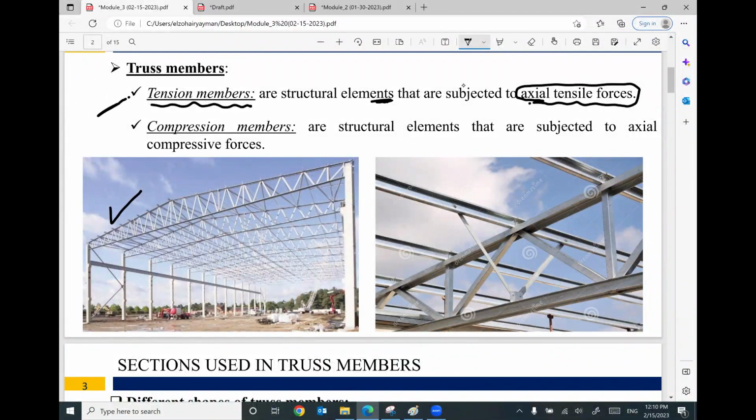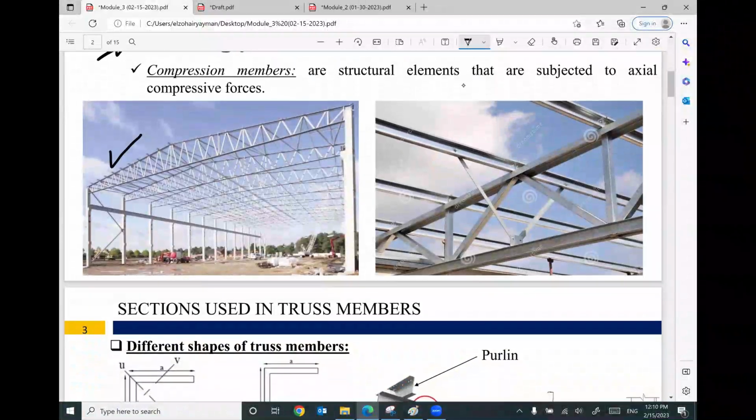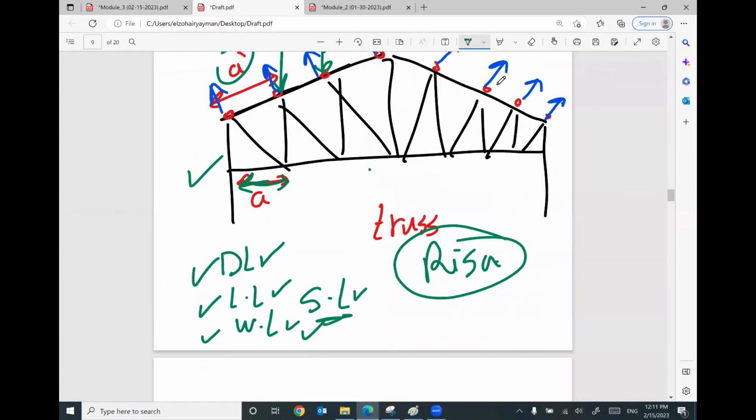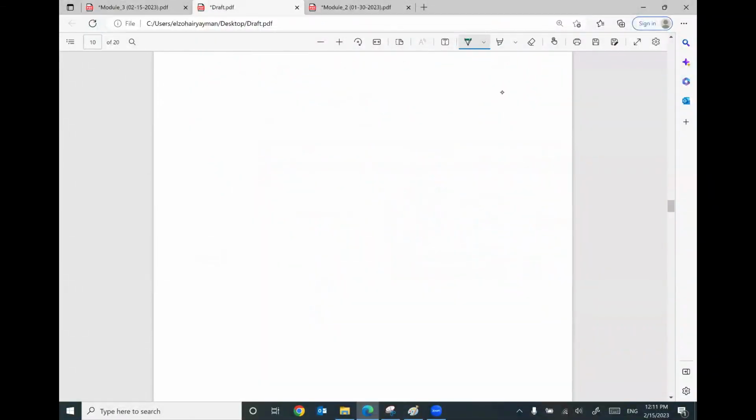So far, we will focus on the tension member. Later, we will cover the compression member. Keep in your mind that these members, the typical members in your truss, will be angles. If you remember, I told you before, your angle looks like this.